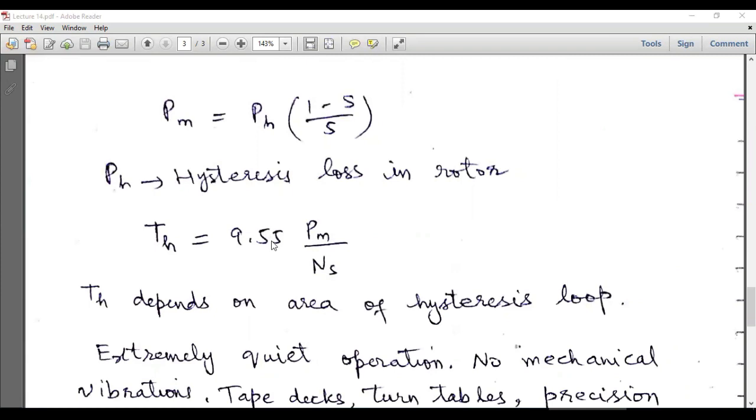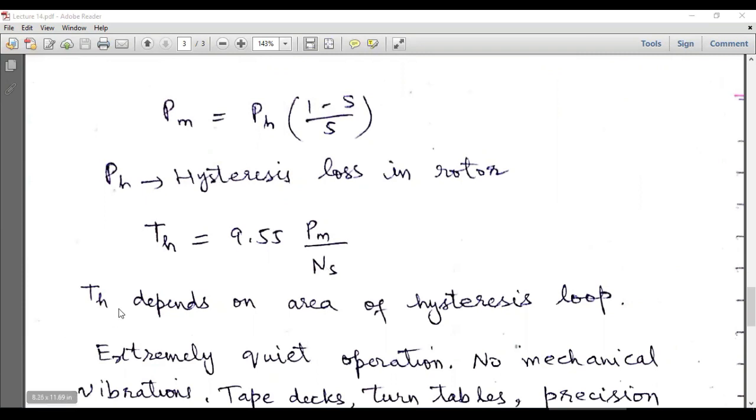Here we can see that torque is equal to power divided by omega, and omega is equal to 2 pi ns, where ns is in rps. But when we express ns in rpm, it becomes 2 pi by 60 into ns. So it becomes 60 over 2 pi, and this 60 over 2 pi is equal to 9.55, and all other expressions will be the same.